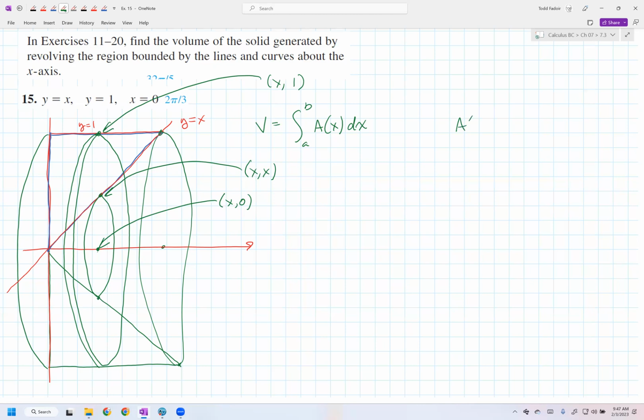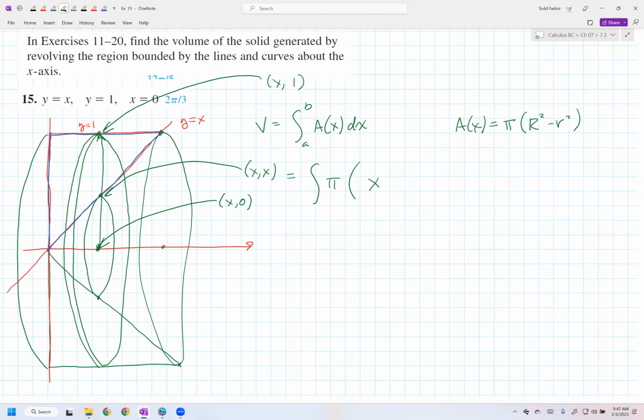I think the cross-sectional area, because it's an annulus, because it's a circle with a circle in the middle removed, I think the cross-sectional area in general is pi big R squared minus little r squared. I think in this case, the big R squared is the distance from the center of rotation out to the far edge.